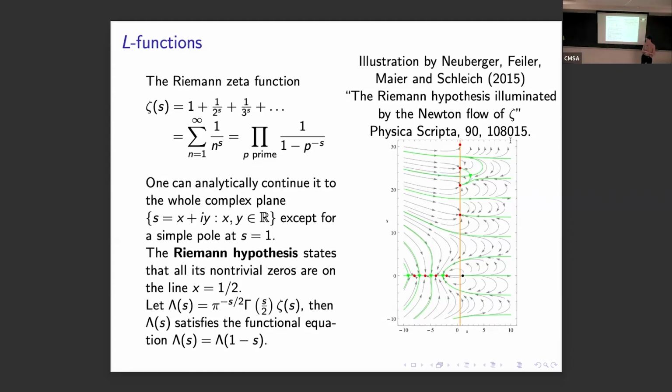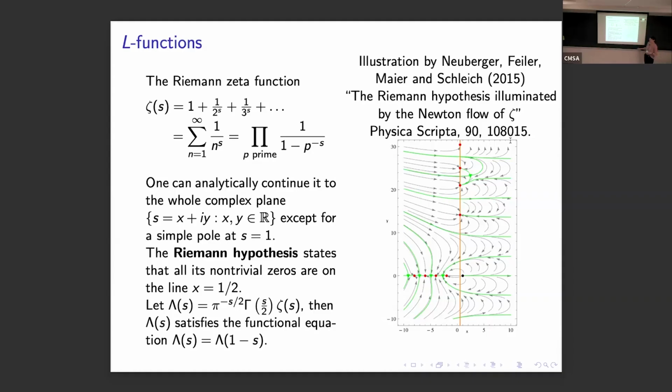Now, the Riemann zeta function, even though it is an infinite sum, is only really defined on half of the complex plane. We can continue it to the whole complex plane, except for a simple pole at s equal to 1. In this very nice illustration by Neuberg, Meyer, and Schleich, we can see the continued Riemann zeta function.